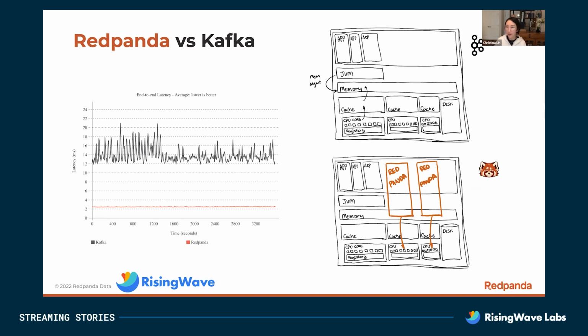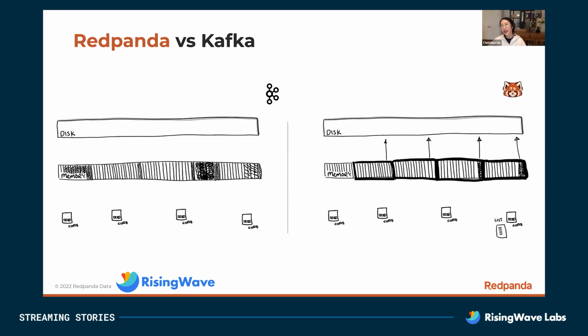Kafka is written on the JVM, so it's inevitable that they have to do garbage collection, and garbage collection takes a lot of time. But Redpanda is written in C++, so we bypass all the virtualization and caching. We allocate a certain amount of memory, and we write straight to the disks. That makes us so much faster and so much easier to use.